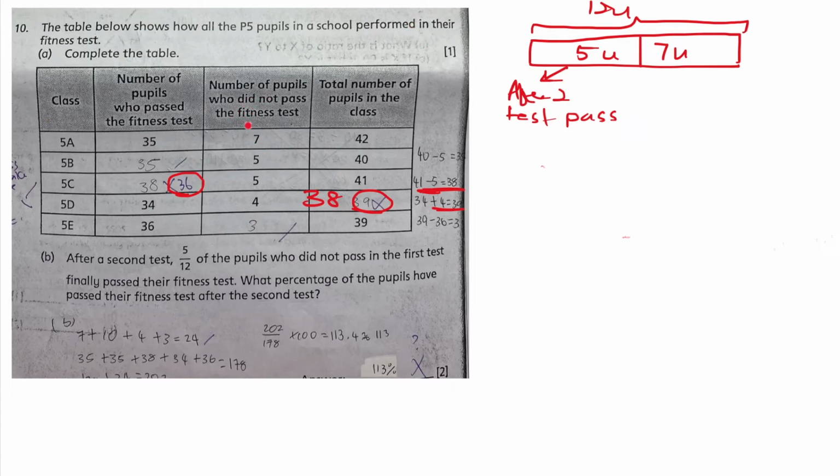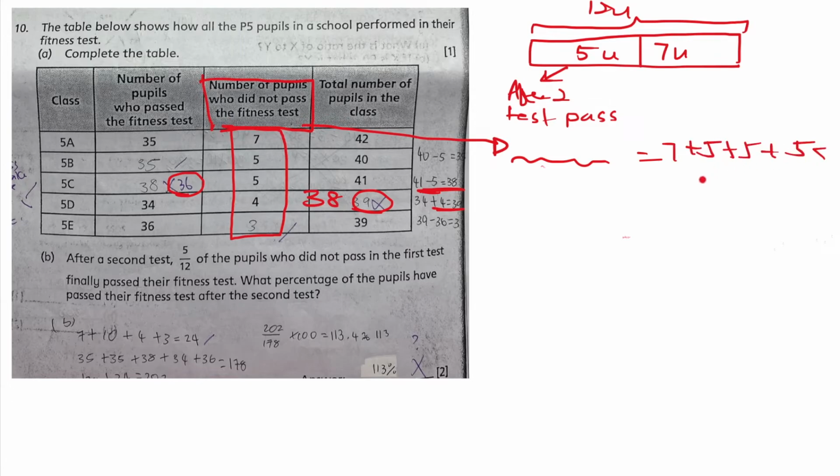So firstly, you have to sum up the number of students who did not pass the fitness test. Write the sentence here. Okay, you write here equals to, then you do your working. 5 add 5 add 4 add 3 is here, yeah, equals to 24.